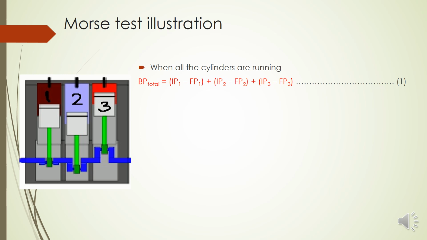Now BP total will be BP1 plus BP2 plus BP3. BP1 is nothing but IP1 minus FP1, IP2 minus FP2 and IP3 minus FP3. So this represents the first equation, the equation for running all the cylinders.